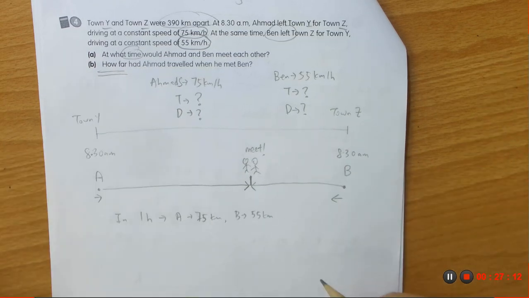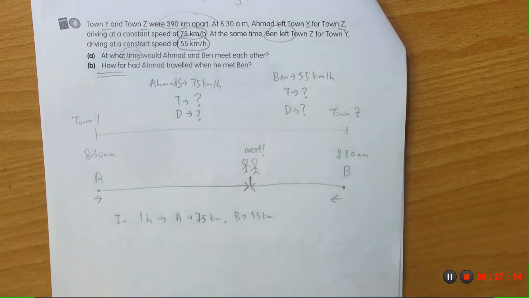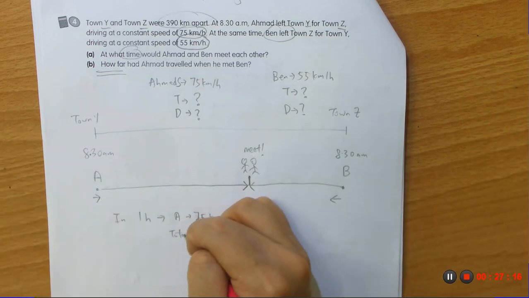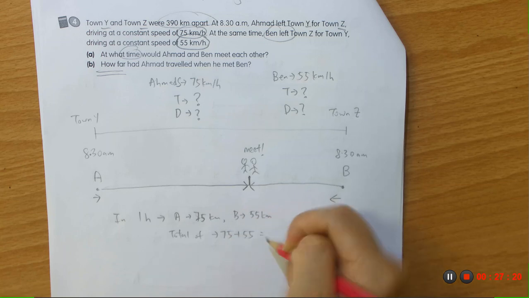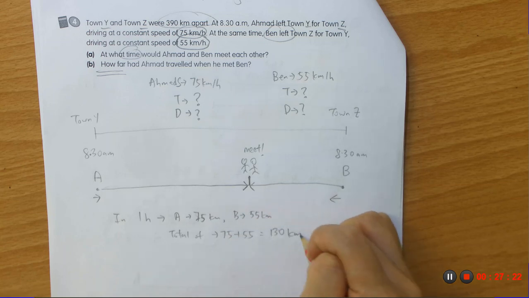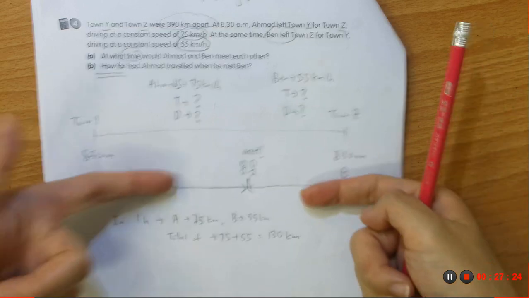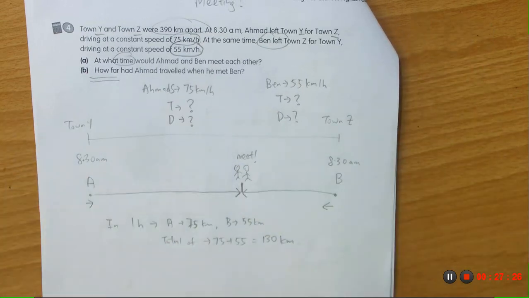It means that in this manner, they will travel a total of 75 plus 55, which was correctly pointed out is 130 kilometers. So in 1 hour, they travel together 130 kilometers.